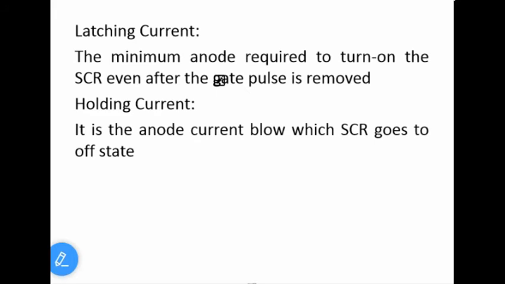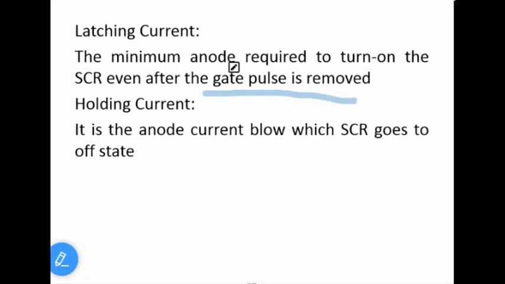So the SCR is not completely turned on until the current reaches the latching current, and once the current reaches the latching current, the gate loses its control. That's why the latching current is defined as the minimum anode current required to turn on the SCR even after the gate pulse is removed or stopped.